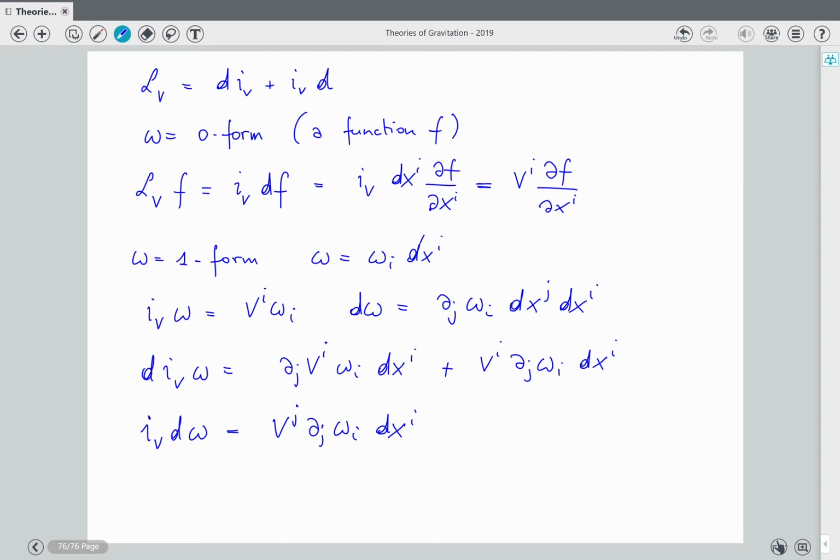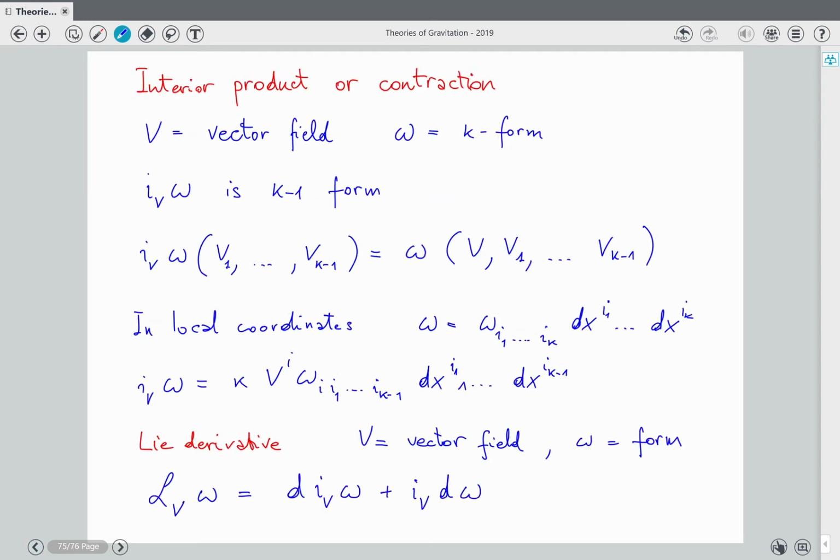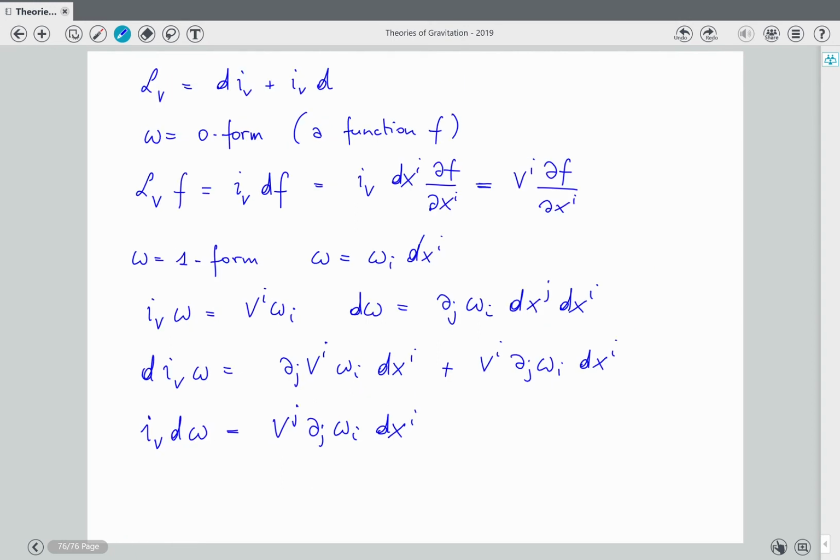Since this is not anti-symmetrized, I don't use the formula here with k, because that one is anti-symmetrized, so all contractions give the same contributions, but here I would have to do that with partial j omega I minus partial I omega j divided by 2.